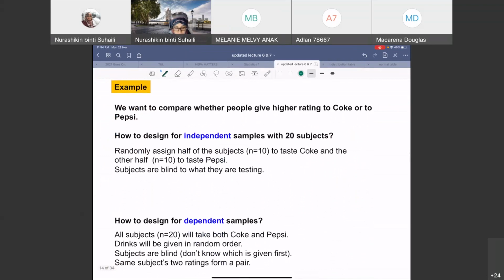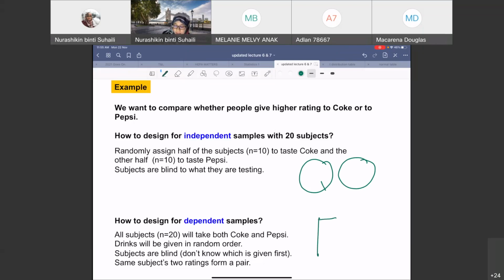These are examples of how to design for independent samples with 20 subjects. Normally with independent samples, when you compare the two samples, it is not based on order.